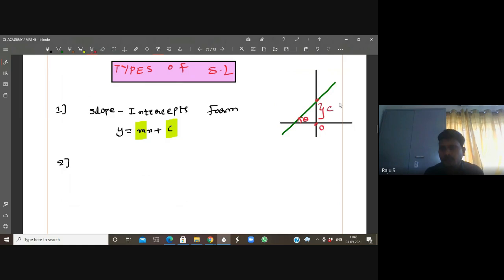Let us take it as c. Then the equation of this line can be written as y is equal to mx plus c.